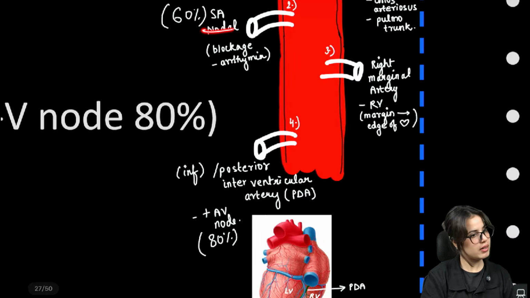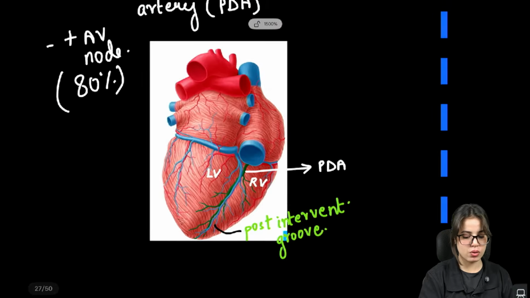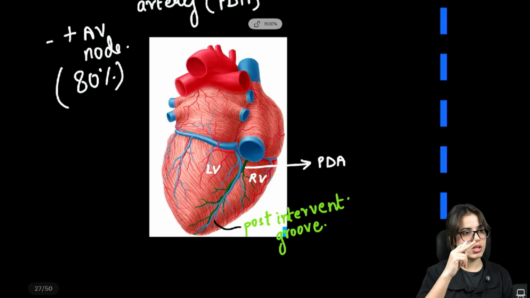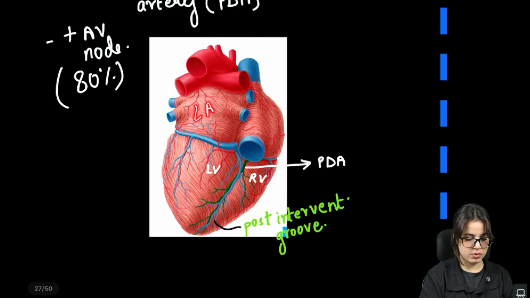So SA node 60% and AV node 80%. Now this goes posteriorly within the posterior interventricular groove. Very easy to identify. On the posterior side, this is the left atrium, this is the left ventricle, and here the green marked artery is inside the posterior interventricular groove, this PD artery.